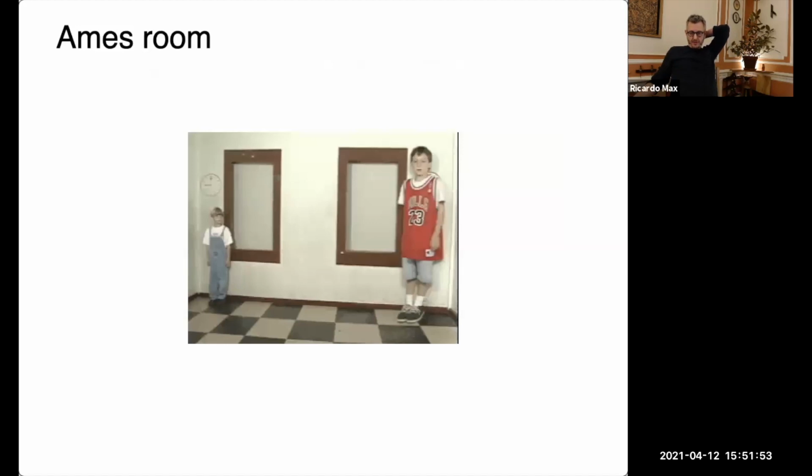It's a known illusion, the Ames room. Here in New York, there is a museum of visual illusions, and they have this room built over there. So we cannot not feel that this child is a giant child, or this is a minuscule child.